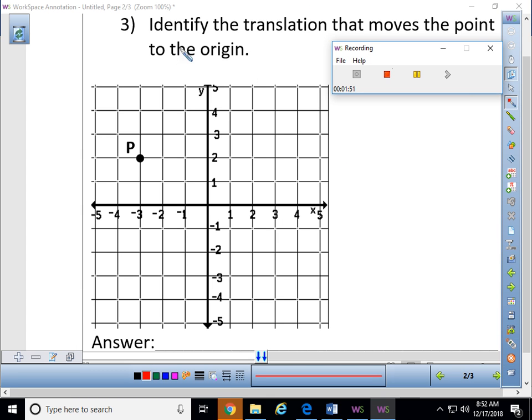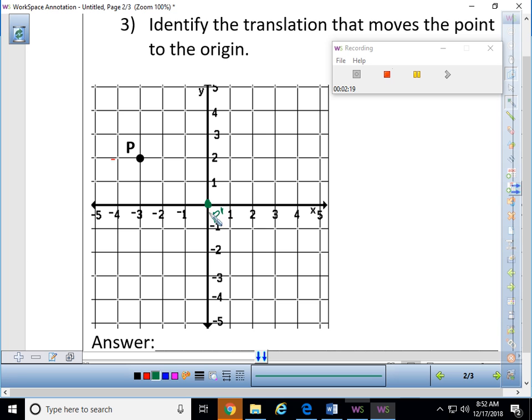Okay, so number 3 asks us to identify the translation that moves the point to the origin. The origin, I'll show you in green, is this point right here, the center of the graph. So if this is our point P and we want to move it to the origin, this would be our point P prime.